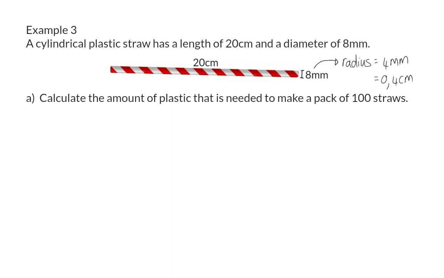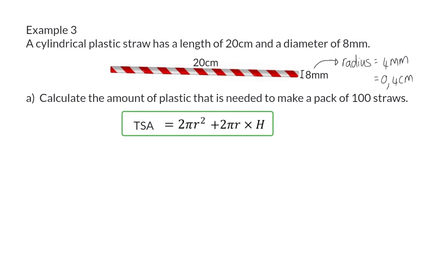The amount of plastic needed to make one such straw is the total surface area. But a straw is open on both sides. Therefore, we are not going to add the area of the two circles. We are only going to calculate the area of the curved part.